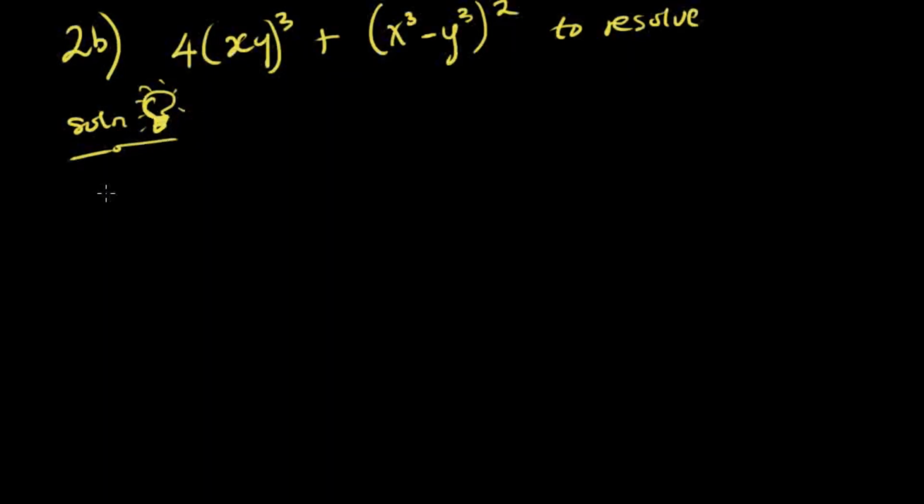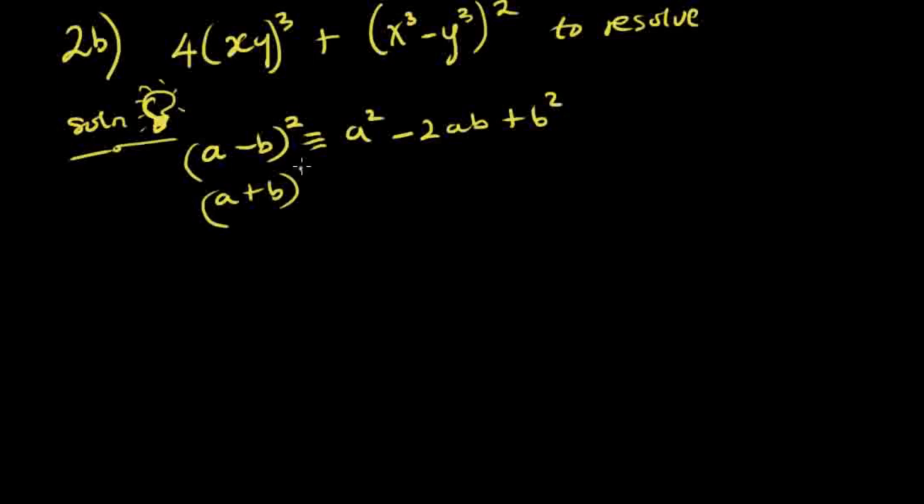To resolve something like this, you need to be conversant with some identities. One of the identities I want to employ here is (a minus b) all raised to the power of 2 is the same thing as a square minus 2ab plus b square. And another identity I'm going to use is (a plus b) all squared is equal to a square plus 2ab plus b square.